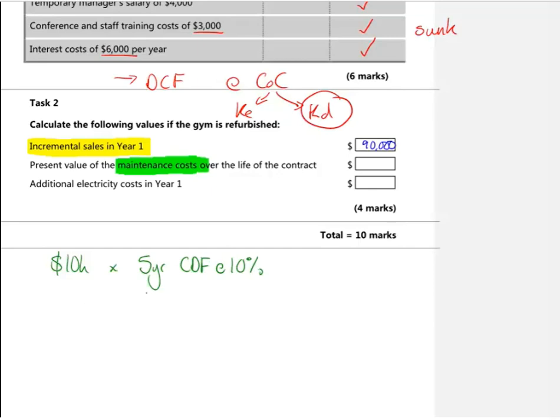If we look that up, we can find the cumulative discount factor comes in at 3.791, giving us a total value of those maintenance payments of 37,910.